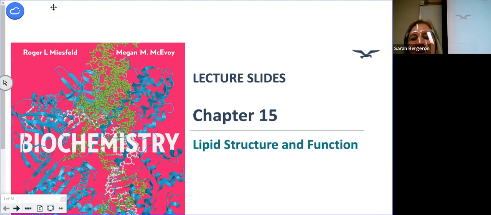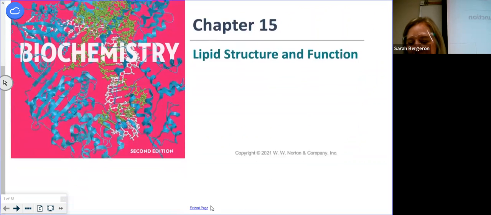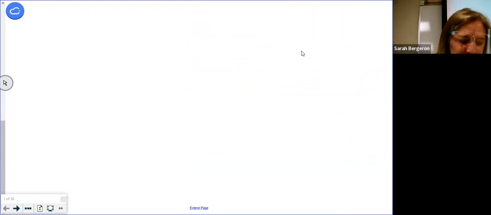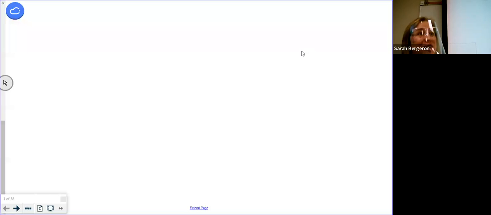Okay. So before we do actual slides and stuff, let's talk a little bit. Y'all know how soap is made? It's fats. Soap starts out as fat. Now, what's the golden rule of solubility? Like dissolves like.